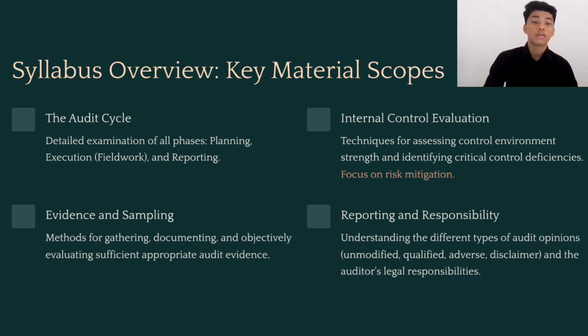Next, internal control evaluation: techniques for assessing the control environment, its strength, and identifying critical control deficiencies, with a focus on risk mitigation. Reporting and responsibility means understanding the different types of audit opinions, unmodified, qualified, adverse, and disclaimer, and the auditor's legal responsibility.